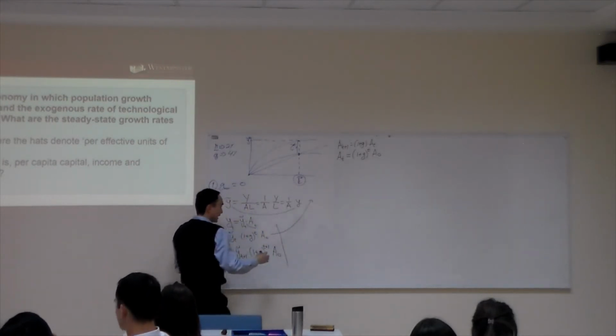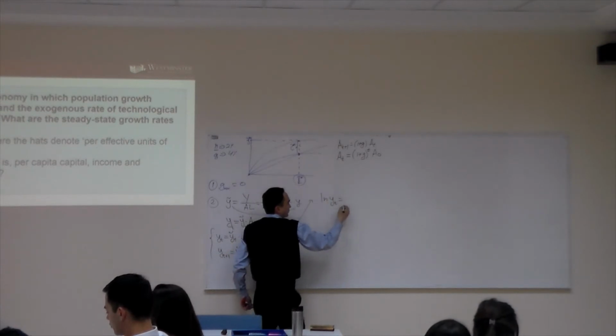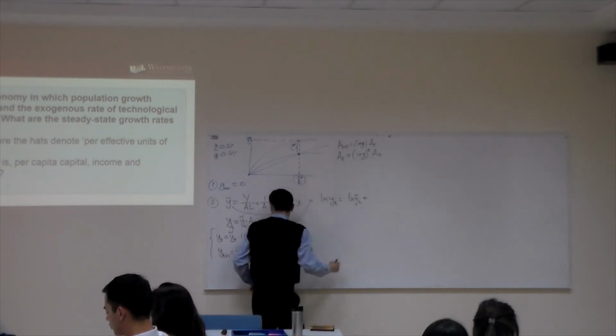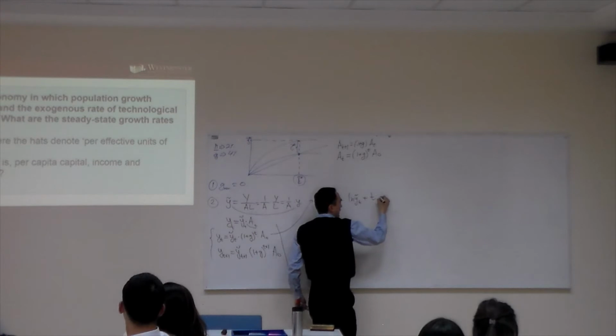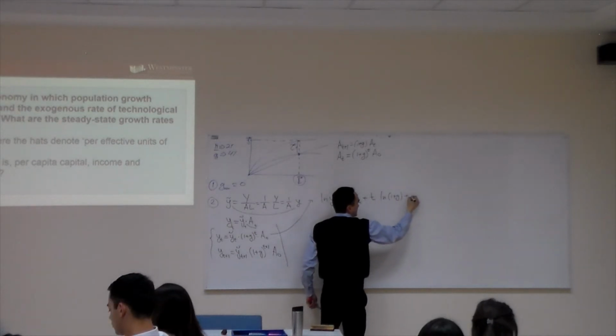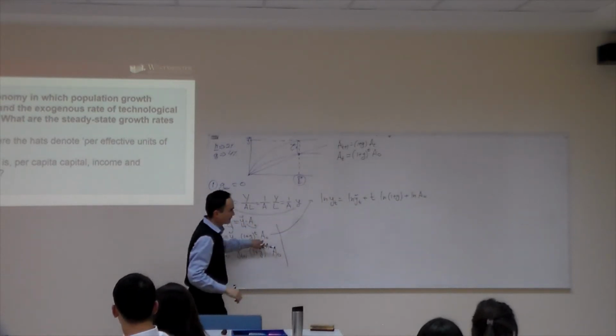From the first one we will get ln y_t is equal to ln y hat_t plus t times ln(1 plus g) plus ln A0.